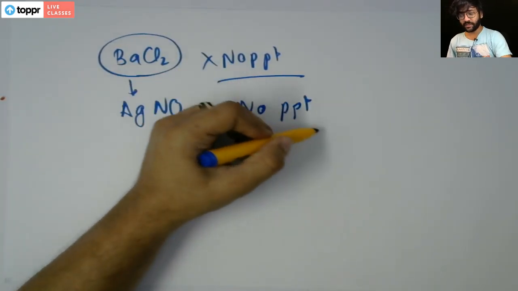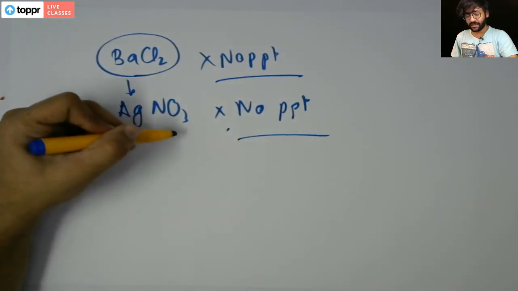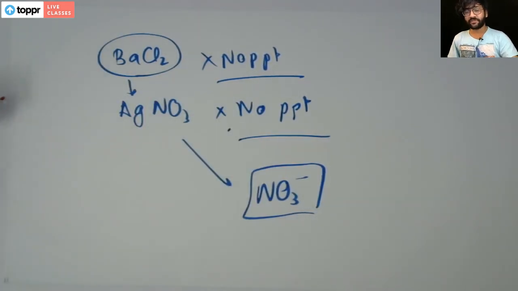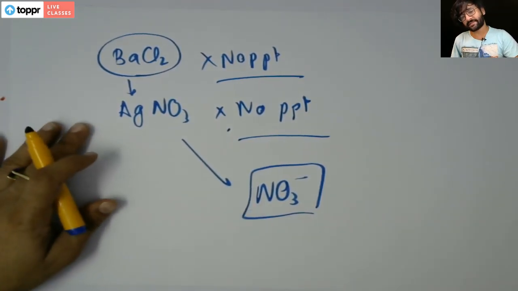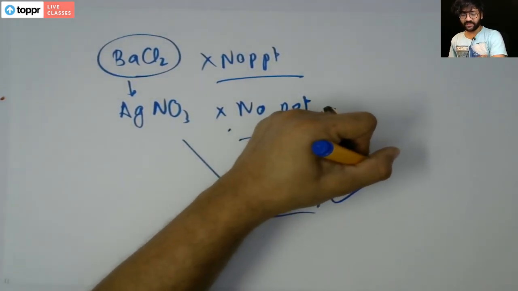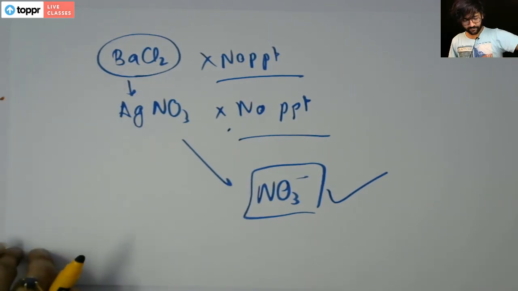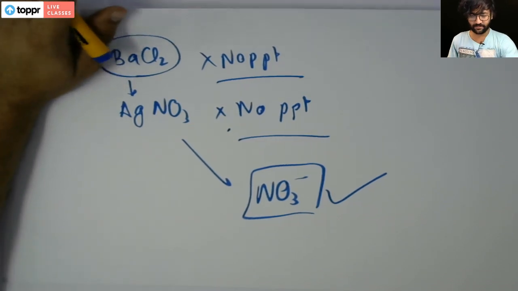But if there is no PPT here, no PPT there, and there was no effervescence at the start, then obviously what it means is that we have nitrate. So if all the tests are negative, you can confirm that there is a nitrate salt. Okay, getting my point?